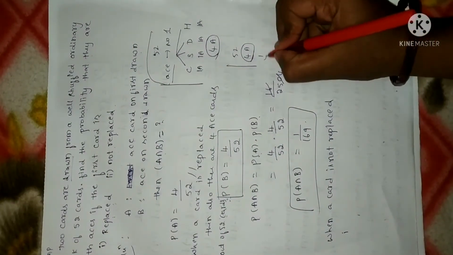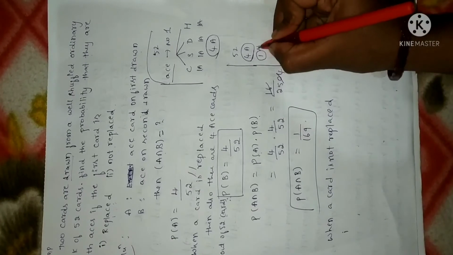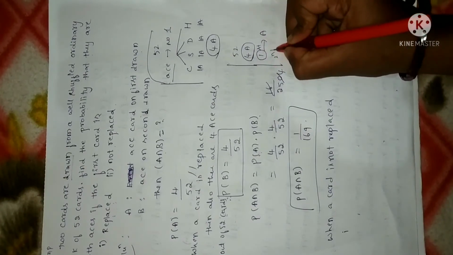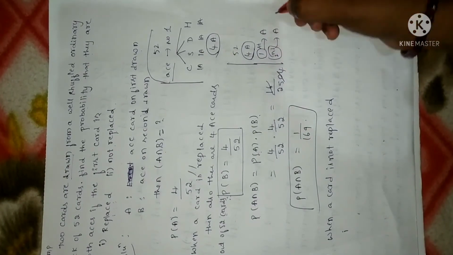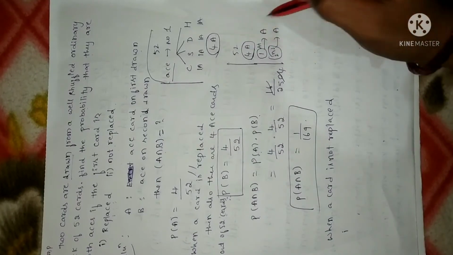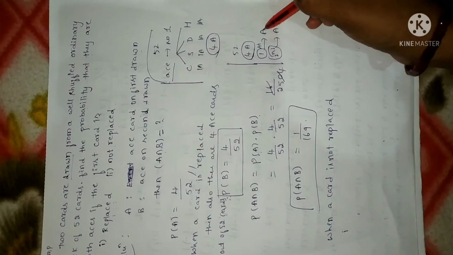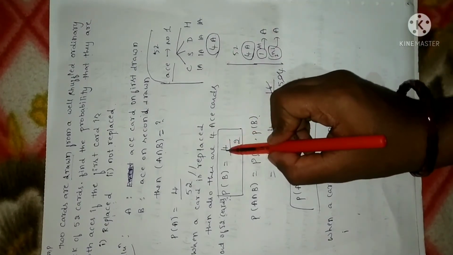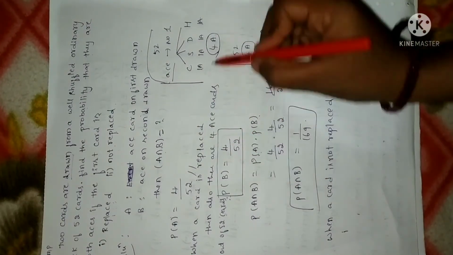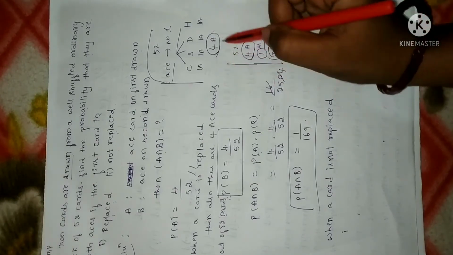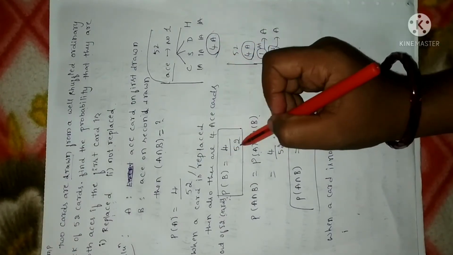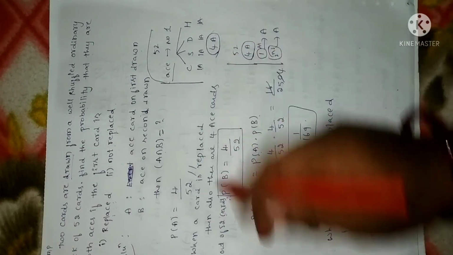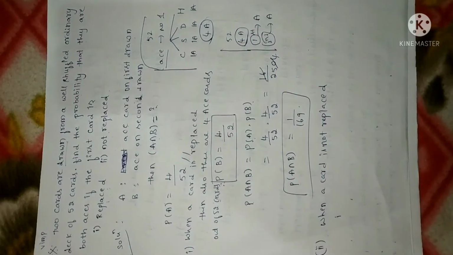When you draw for the first time, you should get an ace card. When you draw for the second time, you should also get an ace card. When you draw for the first time, you're getting an ace card, right? There are totally 4 ace cards there, so 4 divided by the total number of cards, 52, right?